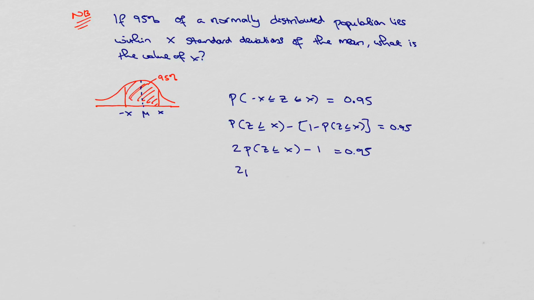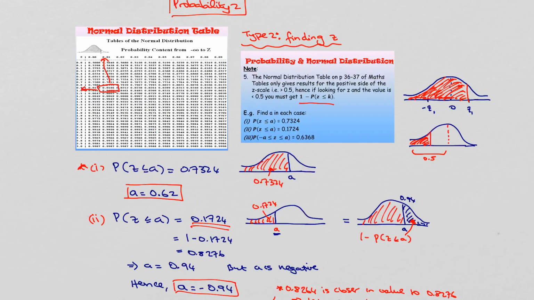And if I bring 1 to both sides, we end up at 1.95. Then if I divide 1.95 by 2, we end up with 0.975. So let's go back to our probability tables.